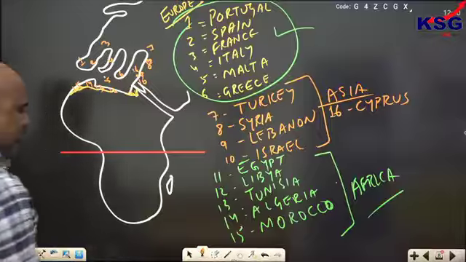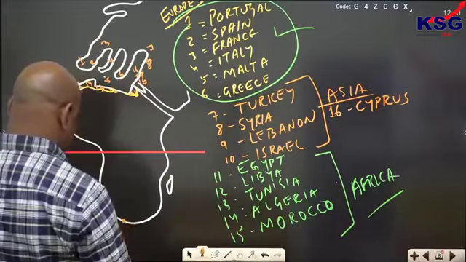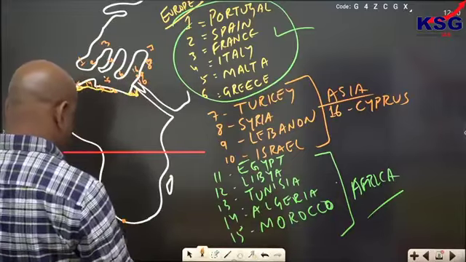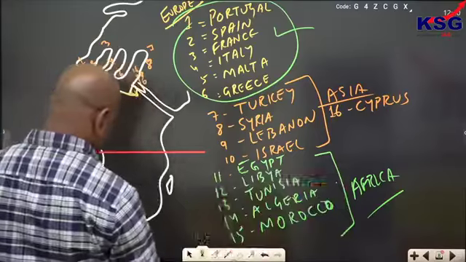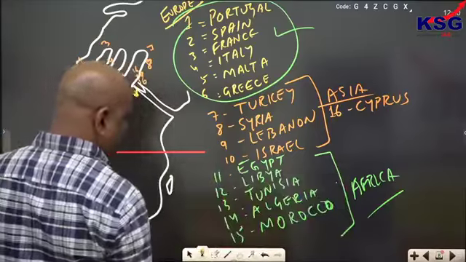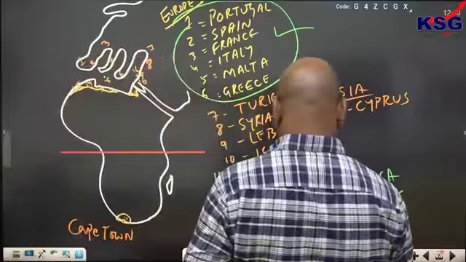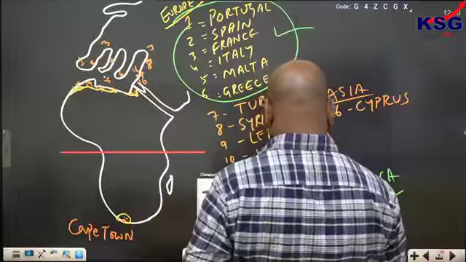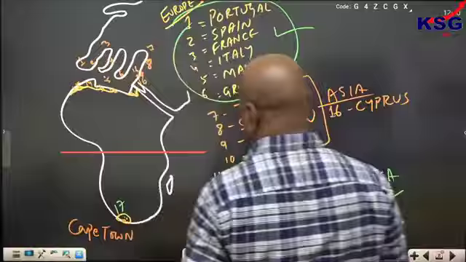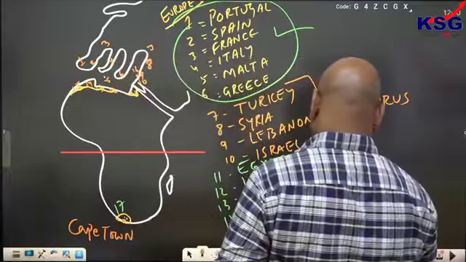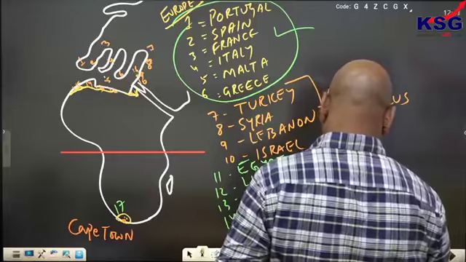Now in Africa you also have this part here, Cape Town. Cape Town in South Africa also has the same. In Africa, number 17 is South Africa. The region here is Cape Town.